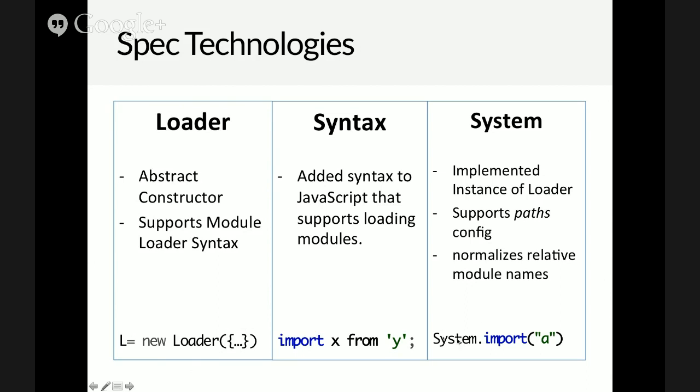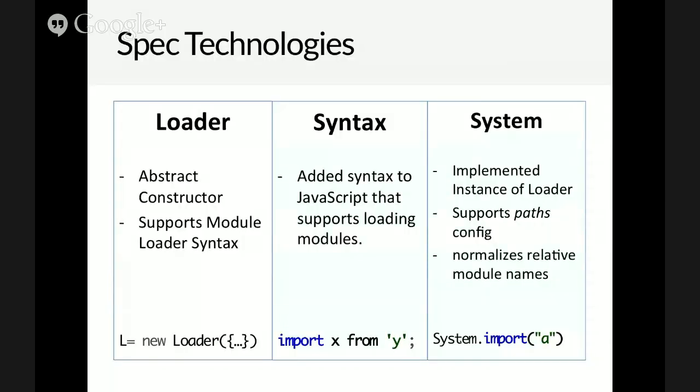The default system loader doesn't do very much right now according to spec. It doesn't have a lot of the configuration options you might be used to from RequireJS or Steal, such as map or shim. All it has is the paths config, and it can do normalization of relative module names.